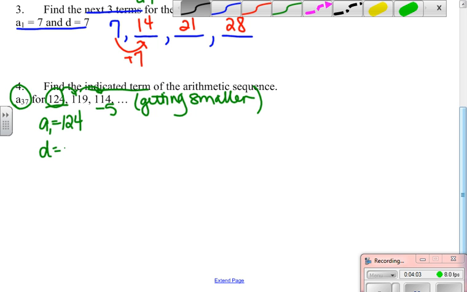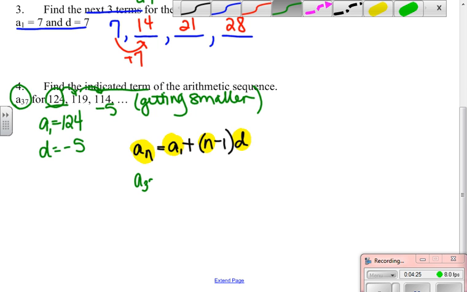So d is -5. Now I'm back to saying a sub n is equal to a sub 1 plus n minus 1 times d. Substitute in here, here, here, and here, and solve. So the 37th term is 124 plus 37 minus 1 times -5.